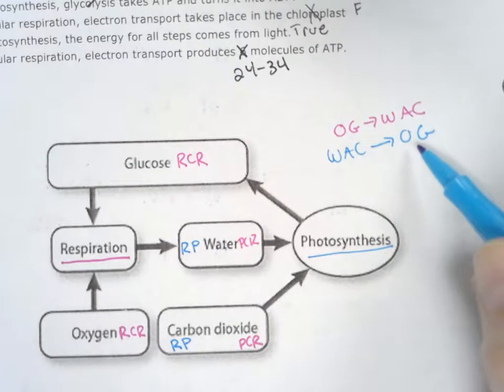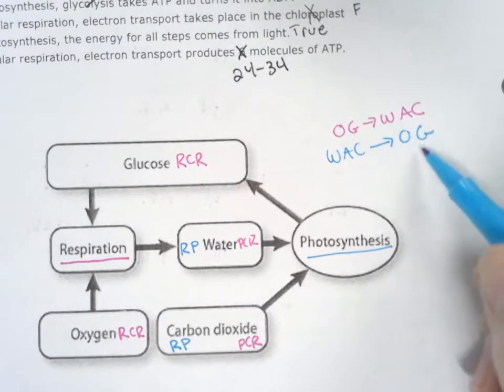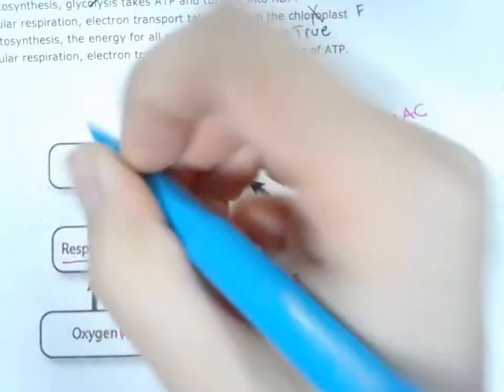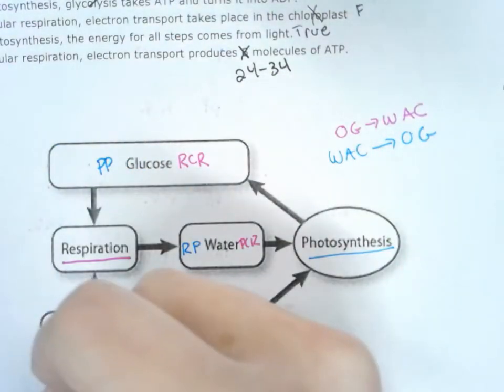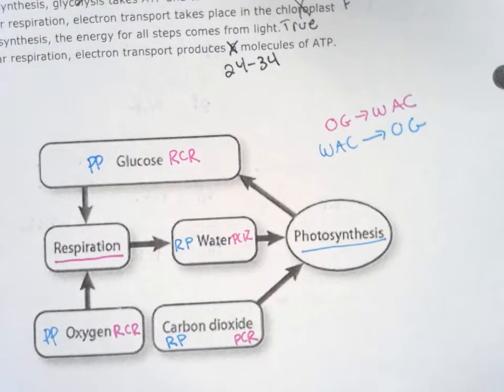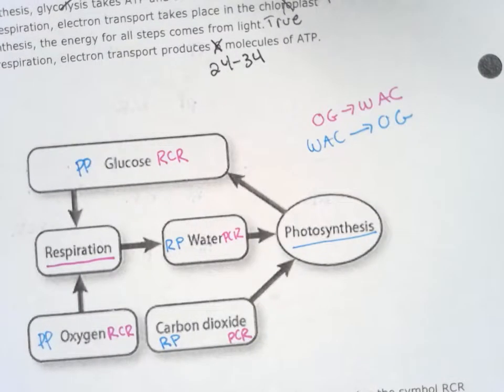Now I'm going to label my products of photosynthesis, which are oxygen and glucose. I know that because that's to the right of my arrow. So glucose and oxygen.